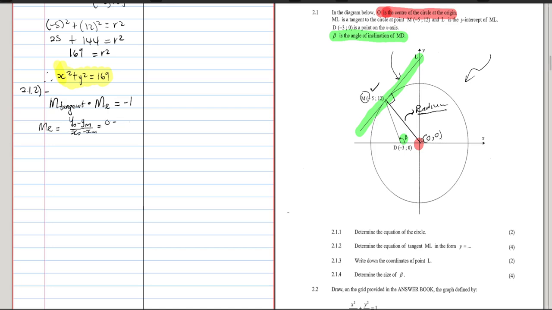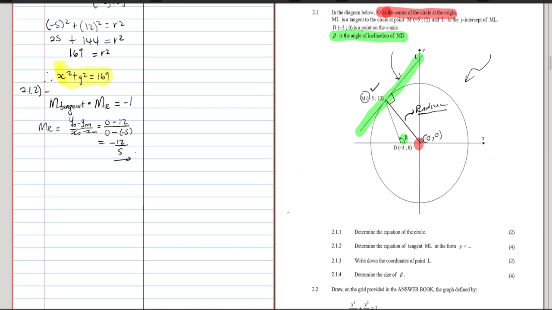That's 0 minus ym, that's 12, divided by xo, that's 0 minus -5, like this, equals, I'm getting -12 over 5.